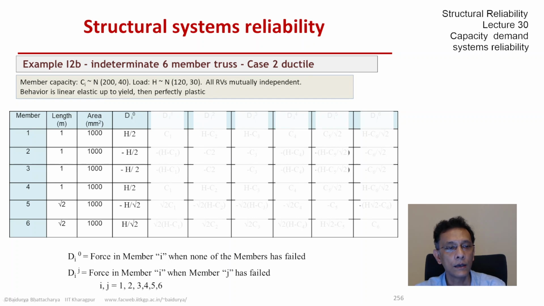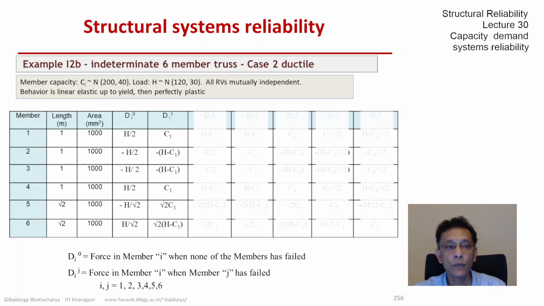But now, as members start to fail, so we have D1I, D2I as in the brittle case, we see that it's beginning to look different, because now if member 1 has failed, it still carries the failure load because it's now fully plastic.